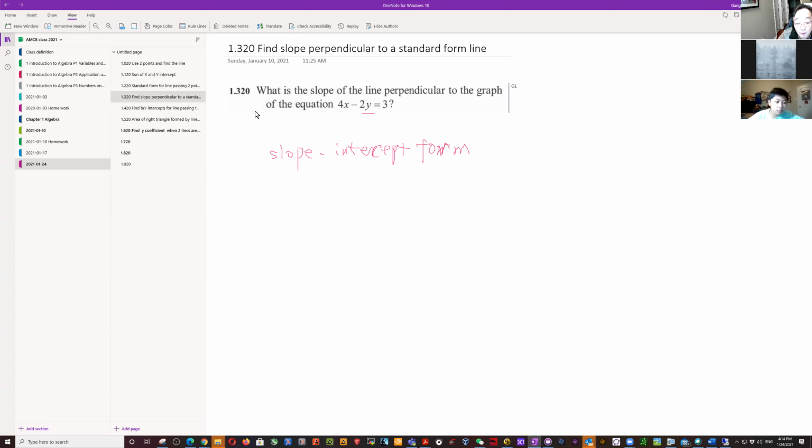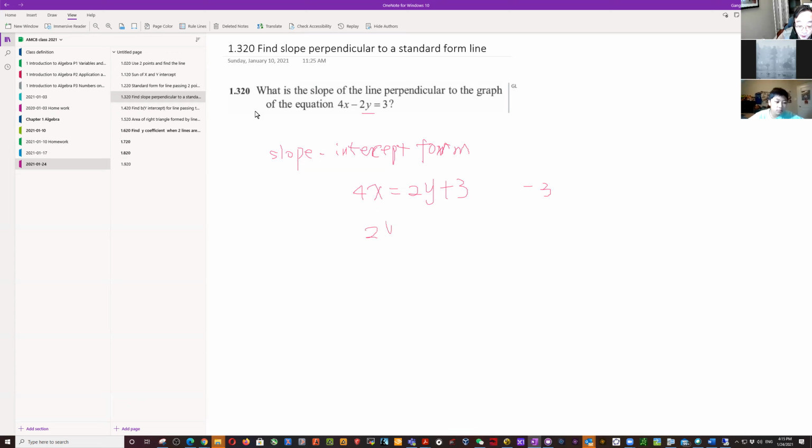To solve for y, we can add 2y on both sides. So we get 4x equal to 2y plus 3. Then we move the 3 to the other side, so we subtract 3 on both sides, and swap the order.